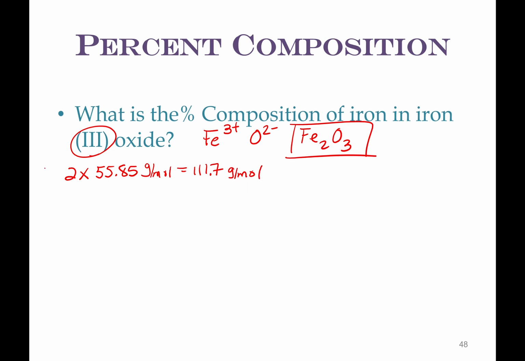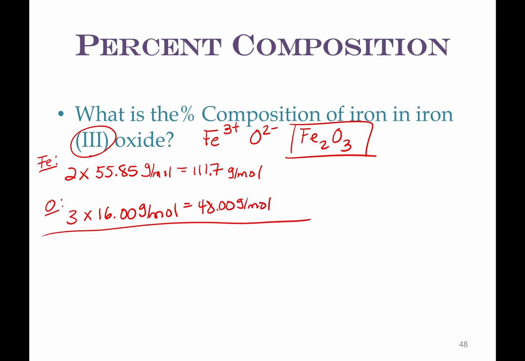This is for iron. Now for oxygen, we have 3 times 16. So 3 times 16 is what? Come on, do it in your calculator or do it in your head even. It's 48, right? You're allowed a calculator. We're going to add these together, 111.7 plus 48, and we get 159.7.